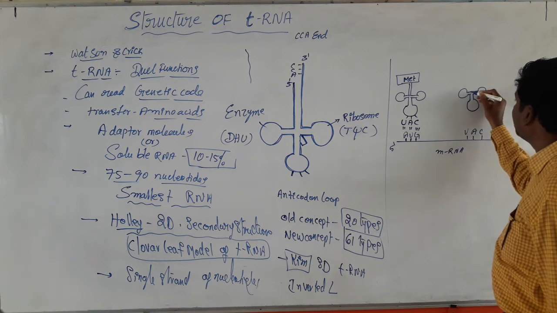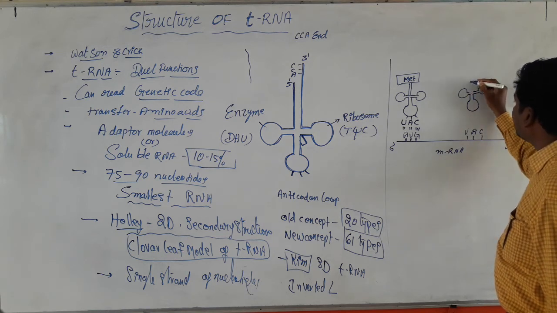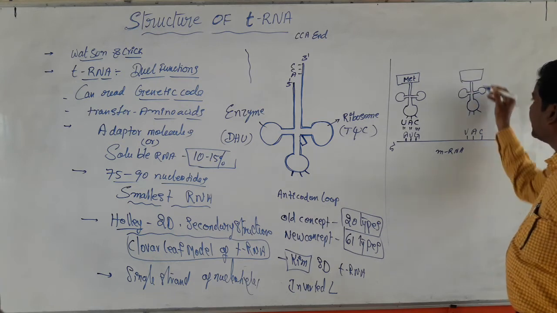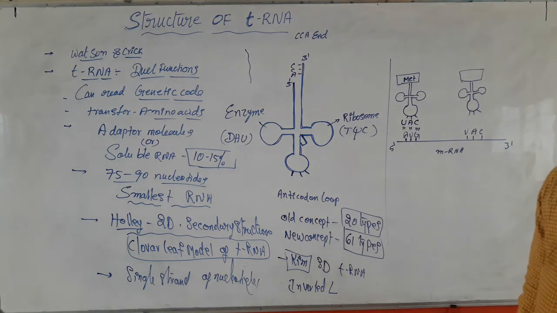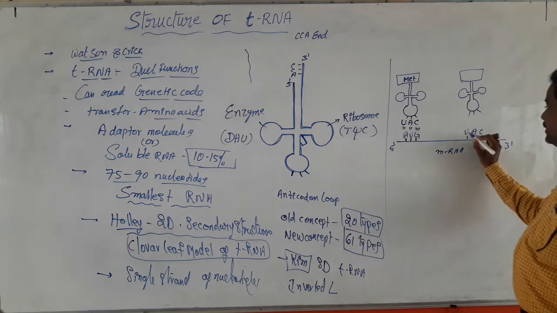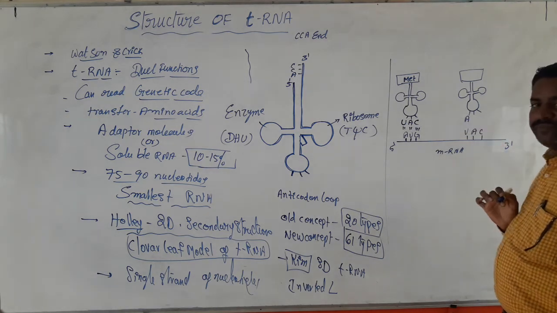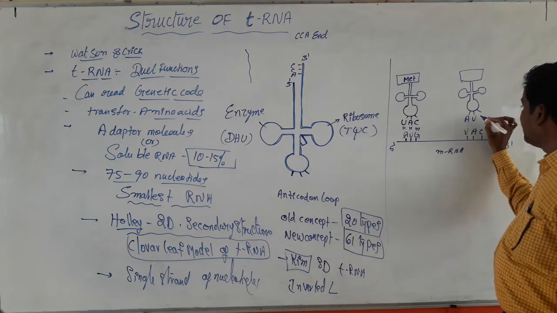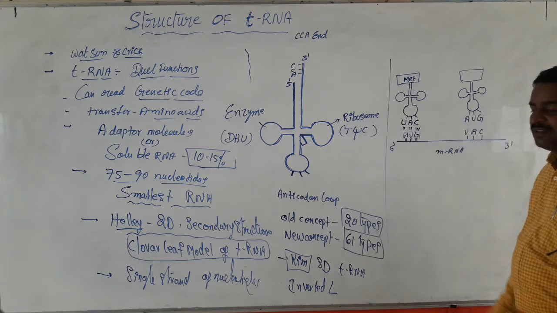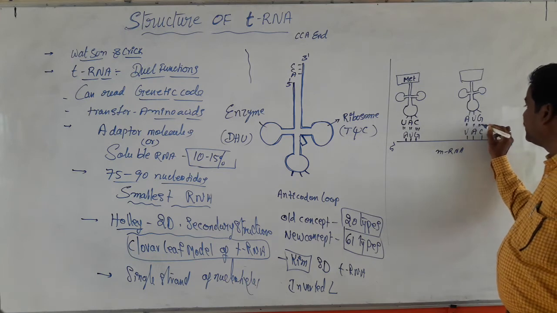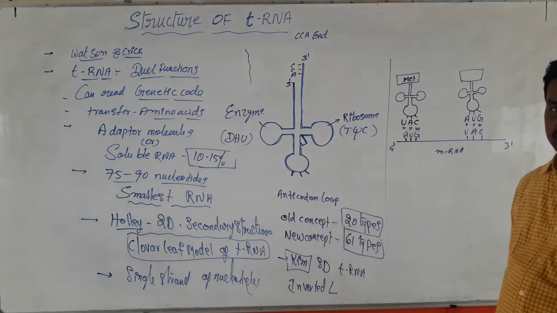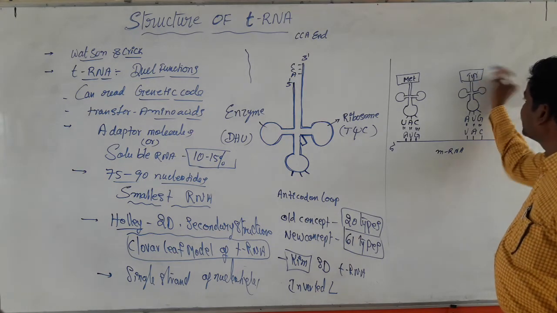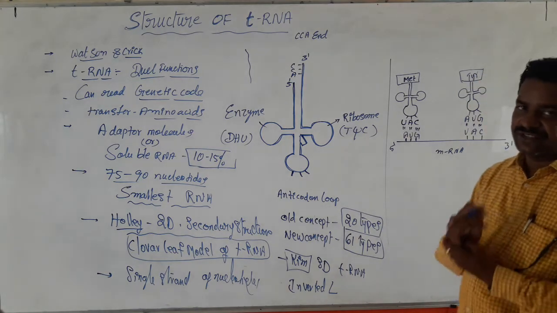Which nitrogen bases are present in the anticodon of this tRNA, and which amino acid does it recognize? U is complementary with A, A with U, C with G, and hydrogen bonds are formed between these codons and anticodons. UAC recognizes the amino acid tyrosine.